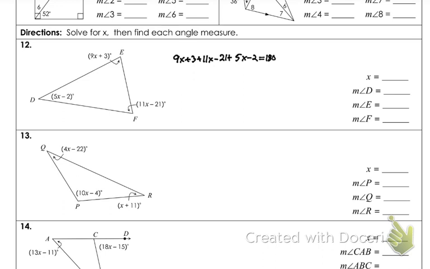The rest is just an exercise in knowing how to do your algebra. Now, remember, when you're solving algebraic stuff, do not do anything until both your sides are simplified. That means you combine all the like terms. On the left-hand side, I have a 9x, an 11x, and a 5x. All three of them have an x attached to them, so in your calculator you're really just doing 9 plus 11 plus 5, which should be 25x.